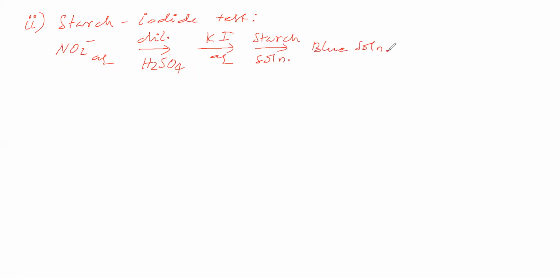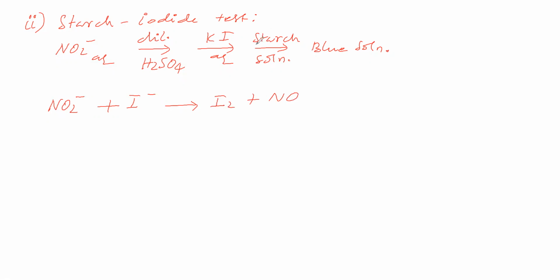How will the reaction be? We'll see. NO2 minus with I minus gives I2 and NO, nitric oxide. NO2 minus becomes nitric oxide, and I minus is converted into I2.